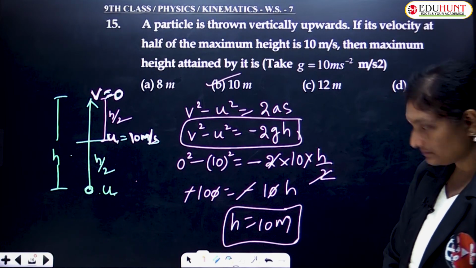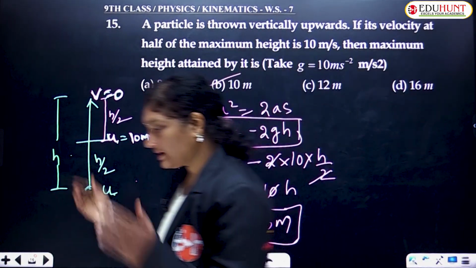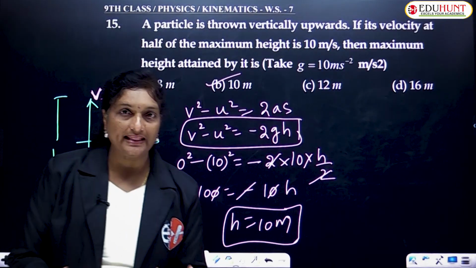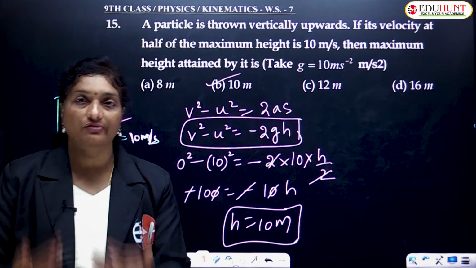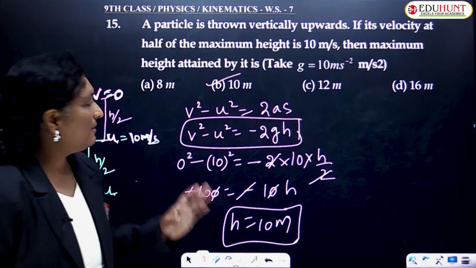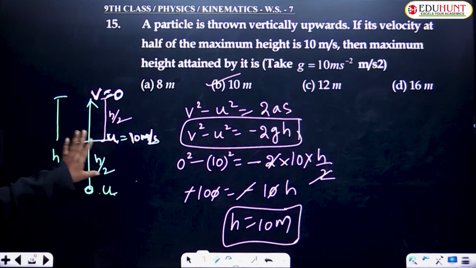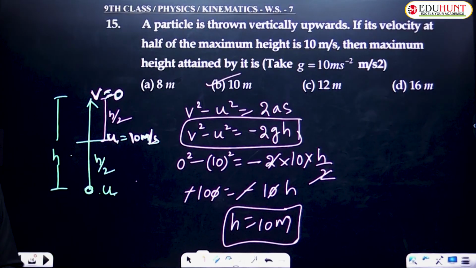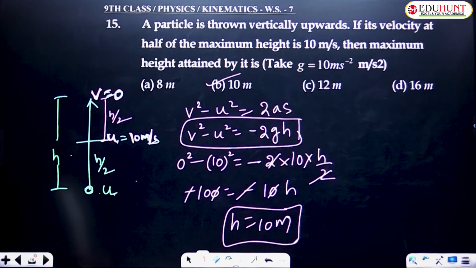You have to identify the given data and rethink what you have to find out. With the help of a rough diagram, you can identify the given values and think logically and try to substitute with the kinematic equations.